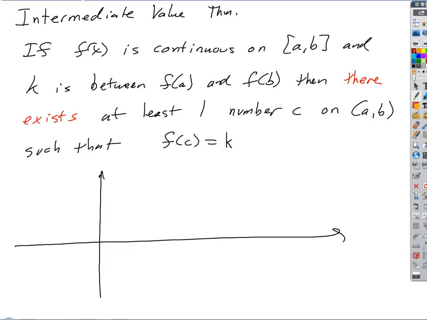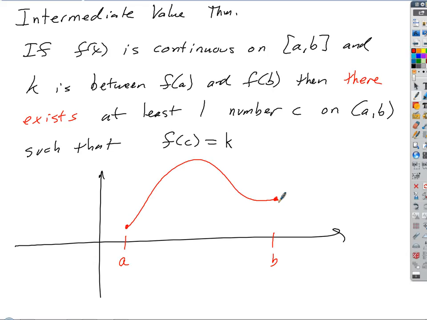So we've got x equals A, x equals B, and some function that's continuous on that interval, so I can draw without picking my pen off the board. It meets all the criteria that we've discussed about continuity.